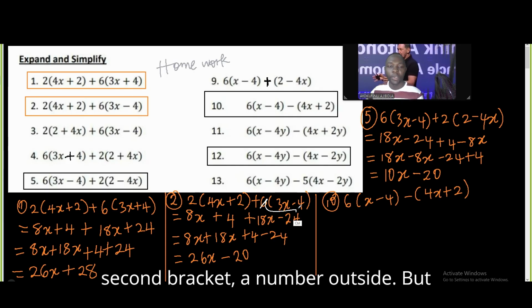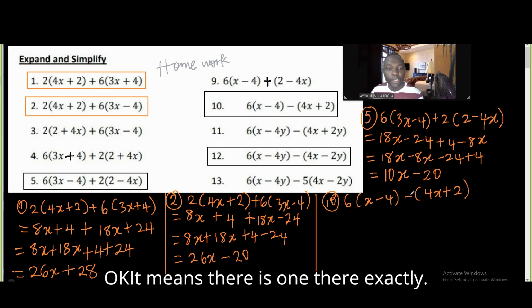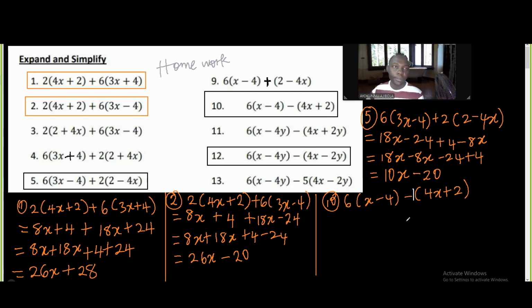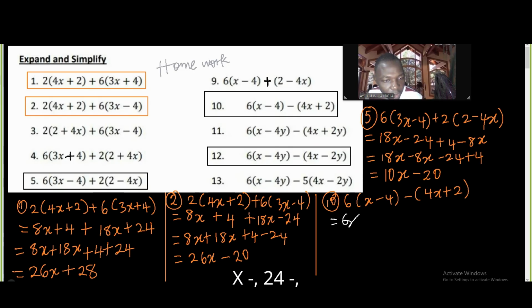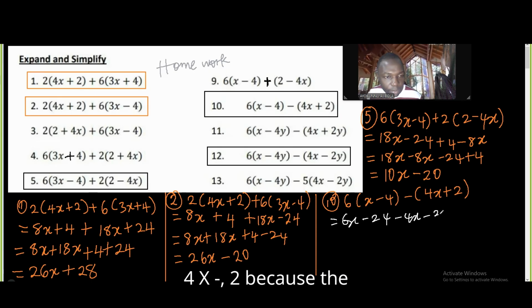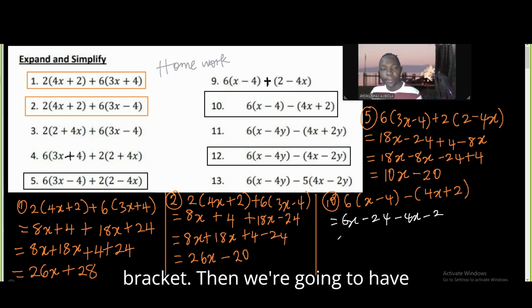But this one, no number. It means there is one there. Exactly. So we have 6x minus 24 minus 4x minus 2, because the minus 1 will multiply everything in the bracket.